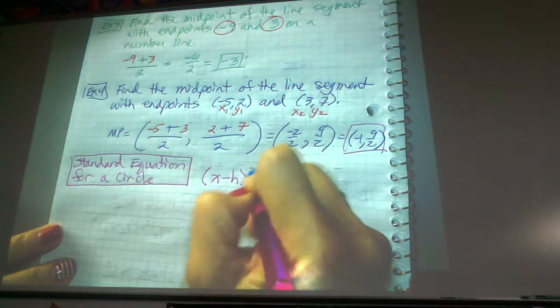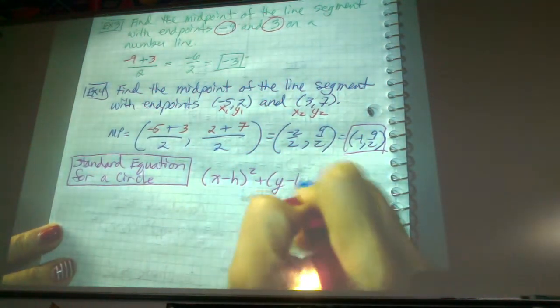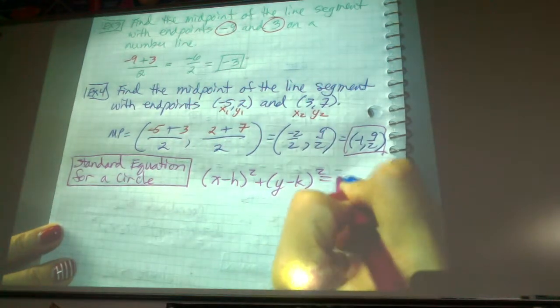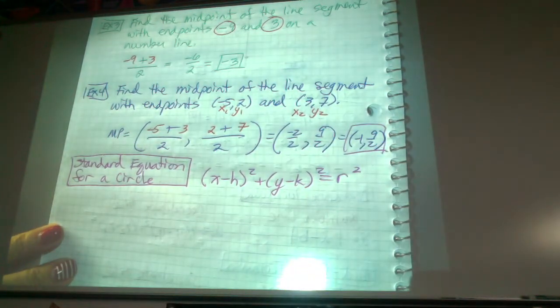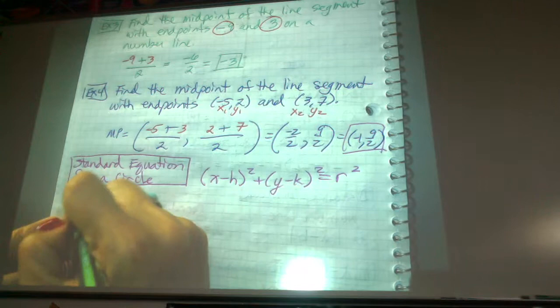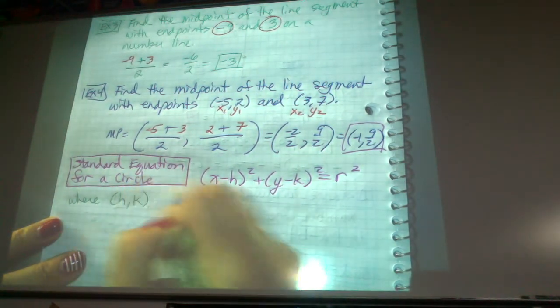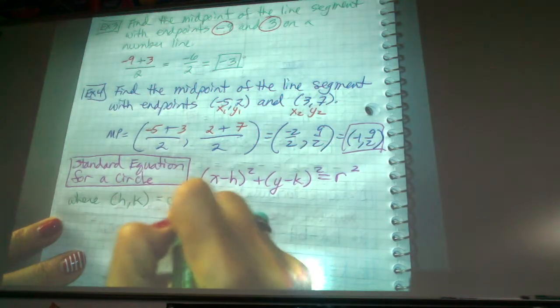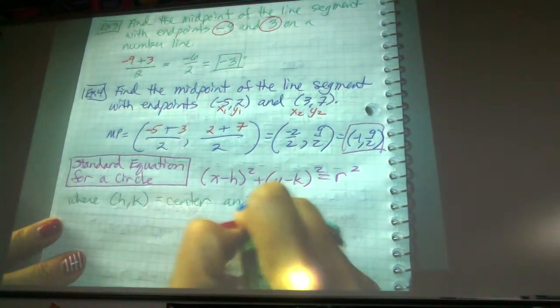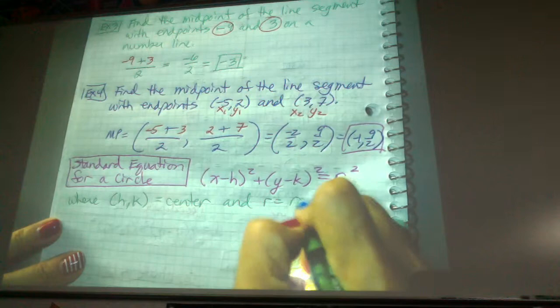(x - h)² + (y - k)² = r², where (h, k) equals the center and r equals the radius.